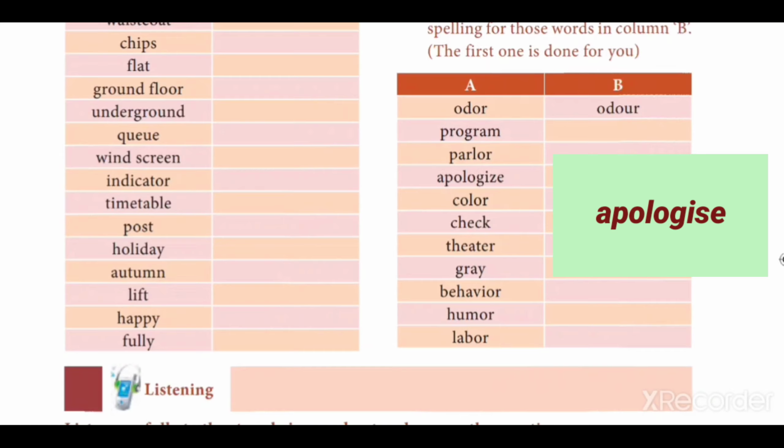Instead of Z we use S in British English. And for color, the British English spelling is COLOUR, and for check the British spelling is CHEQUE, and for theatre the British spelling is THEATRE.